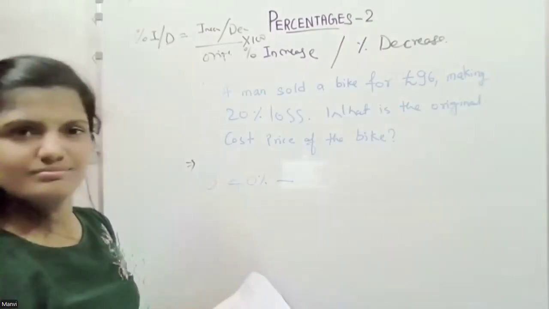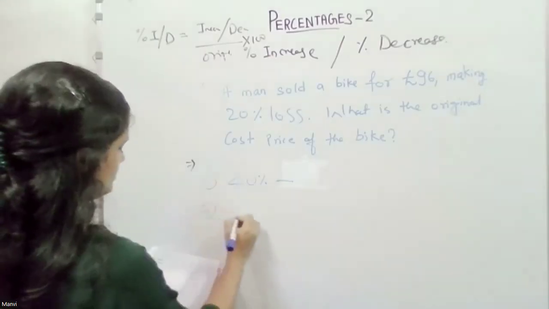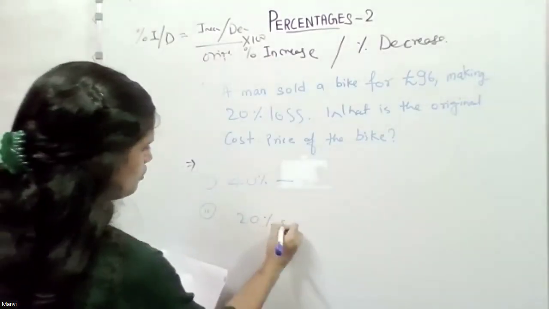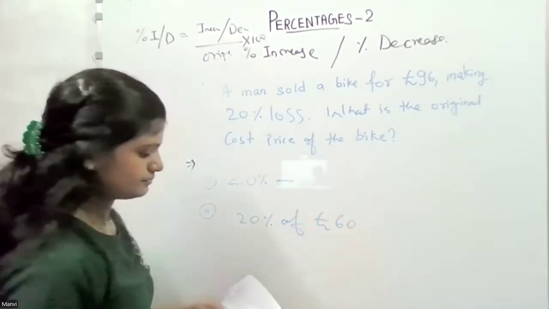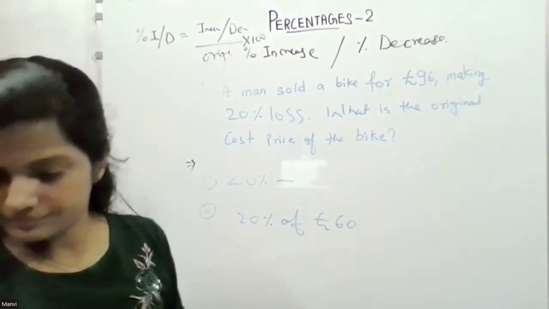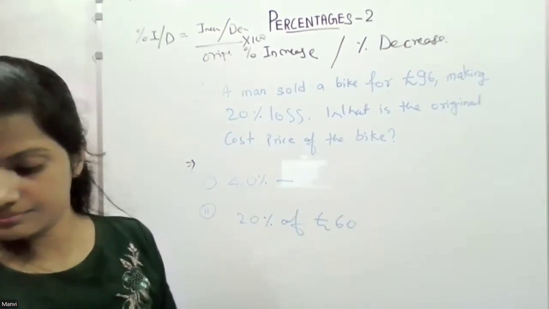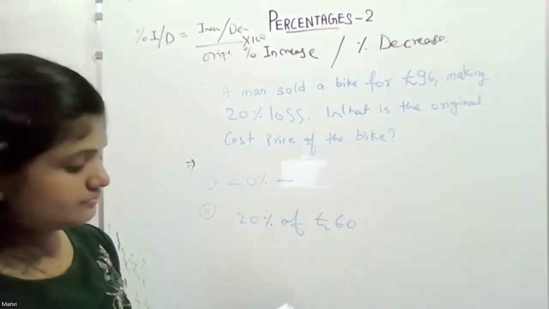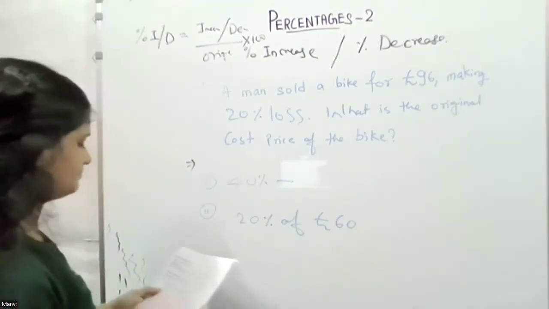Now, one more question: 20% of 60 pounds. It's 12.